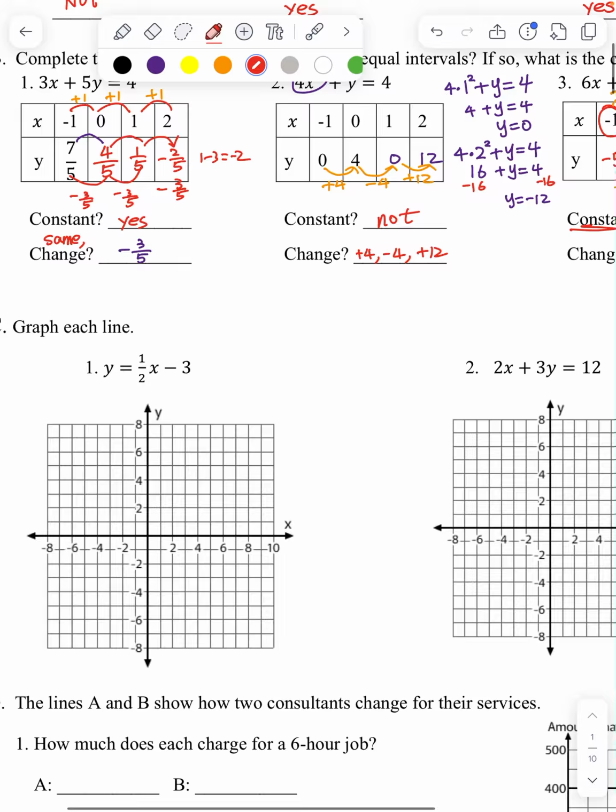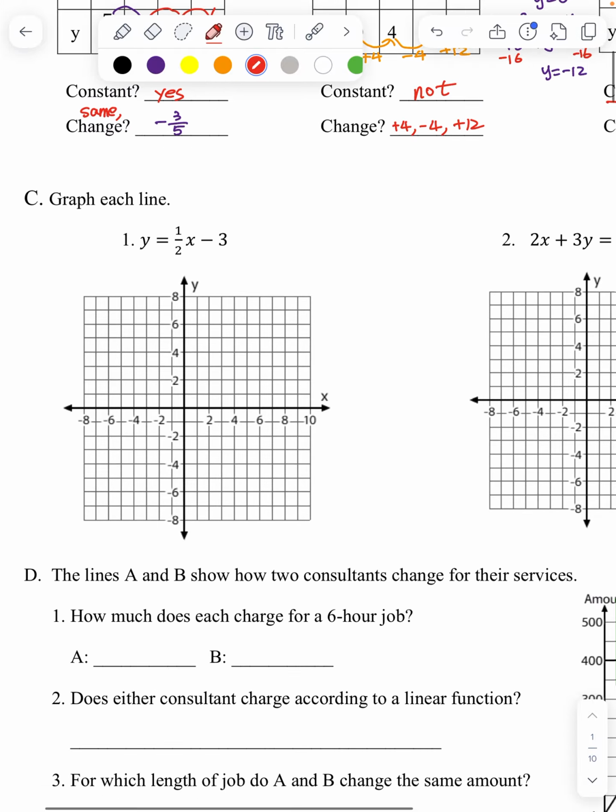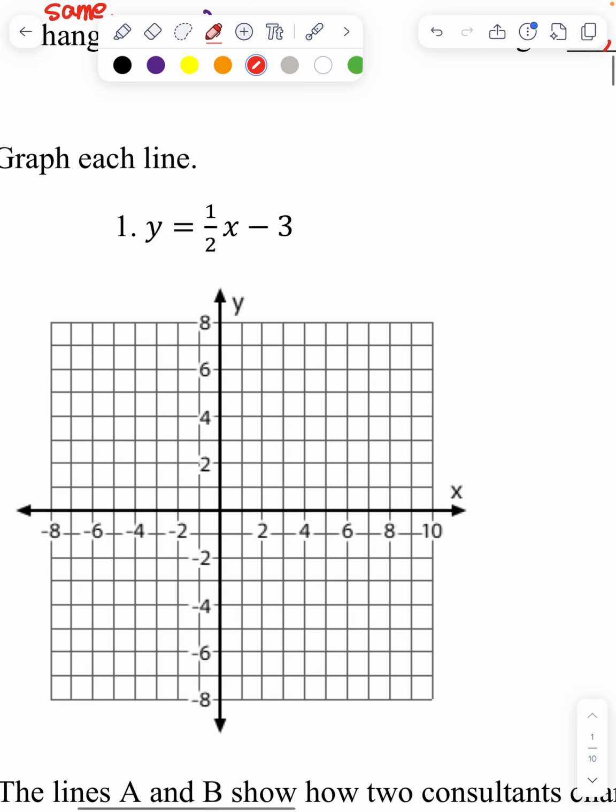Okay, part C. Graph each line. Whenever you see a linear equation, it's y equal to some number times x. I'm using m representing the number. Some number times x, and then plus b. This we call the slope-intercept form.